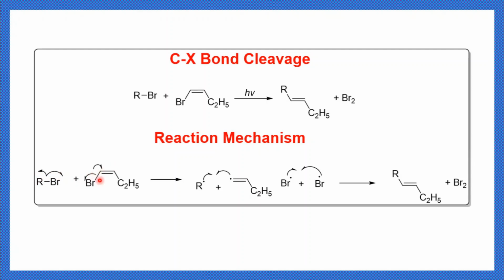At the same time, the C-Br bond of this vinyl bromide breaks, and it generates a bromine radical and a CH2 radical. In the next step, this R radical reacts with this CH2 radical, and you will get this trans product. Then the Br radicals combine together, and you will get the byproduct, the Br2 molecule. So this is the simple reaction, C-X bond cleavage.